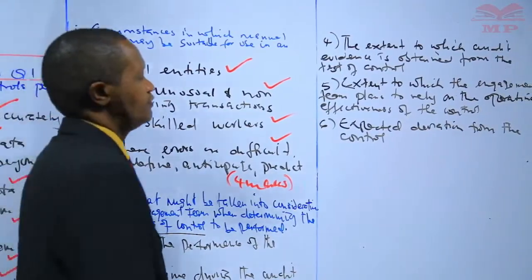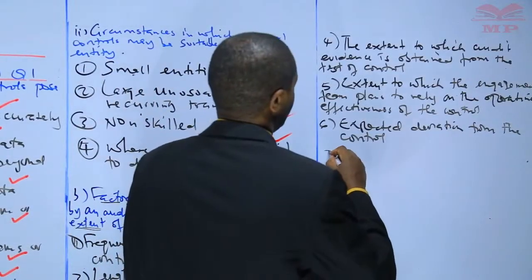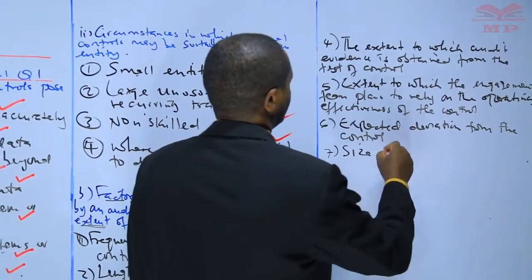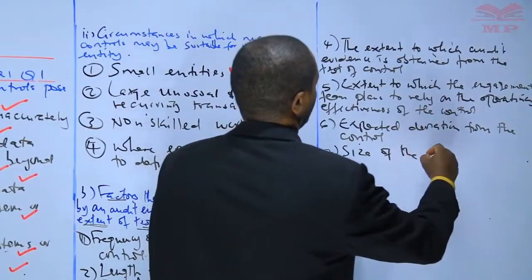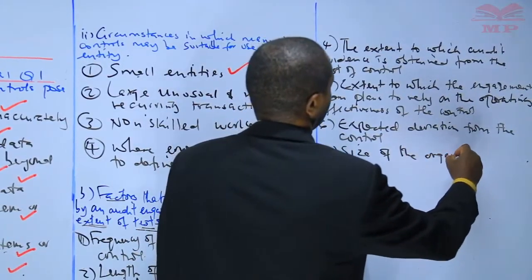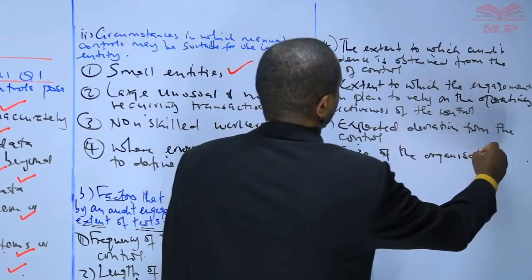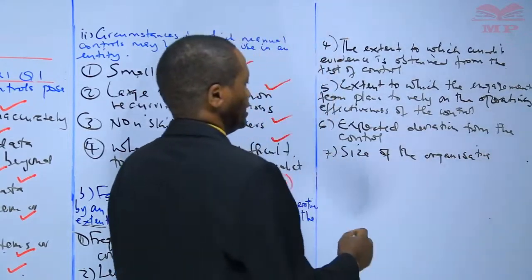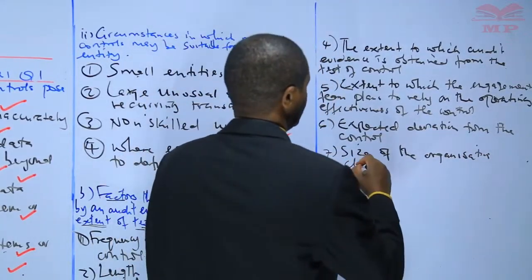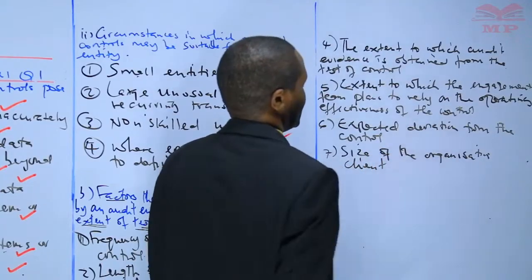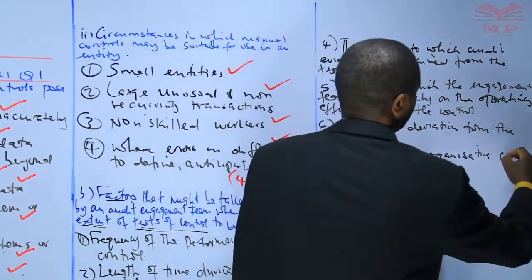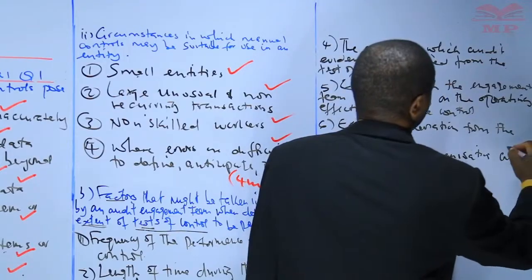We can also have, number 7, the size of the organization that is being audited, or the client, the audit client. They call it the audit client.